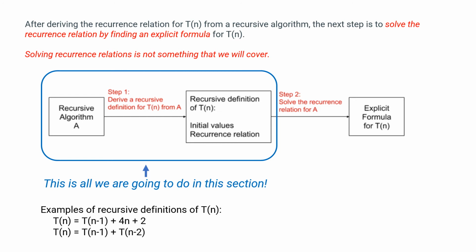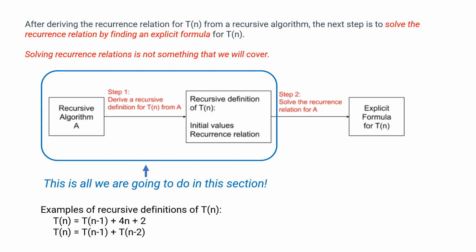So these would be some examples of recursive definitions of T of n. Notice the value of T of n depends upon values of that same function T at smaller values, n minus 1, or for the second one, it actually uses the value of T at n minus 1 and n minus 2.